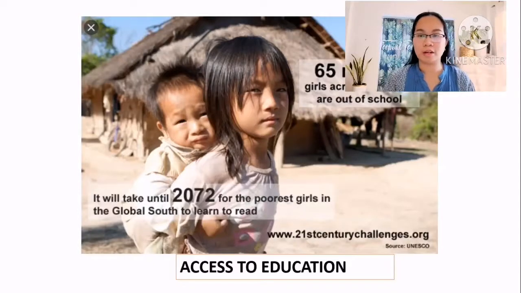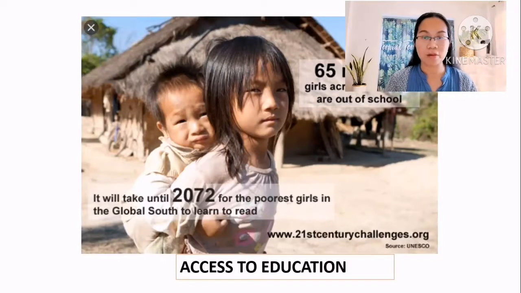Okay, so now let's talk about access to education. As I mentioned, there are 3 components in gender and education. The first one would be the access. We are going to look into equal opportunities when it comes to access to education. Pareho ba yung babae at lalaki? Are they given equal opportunities para ma-access nila yung education? Let's look at the different courses.